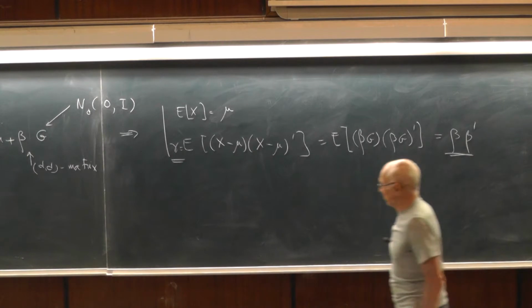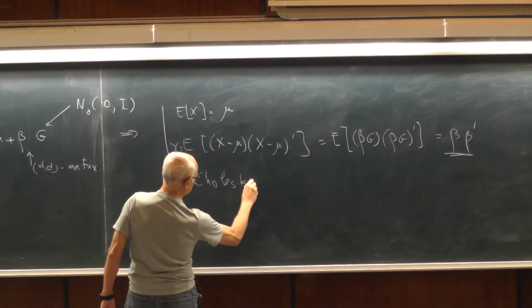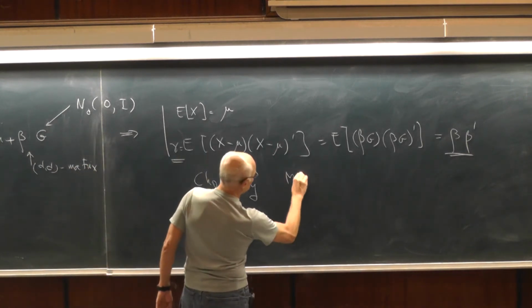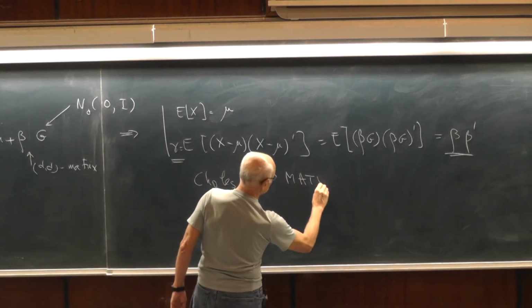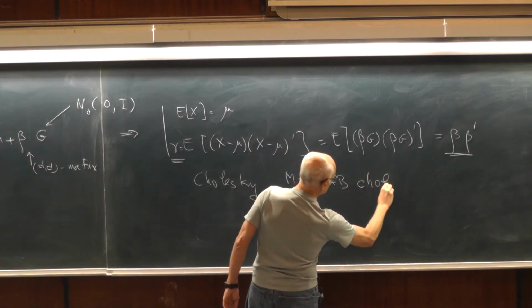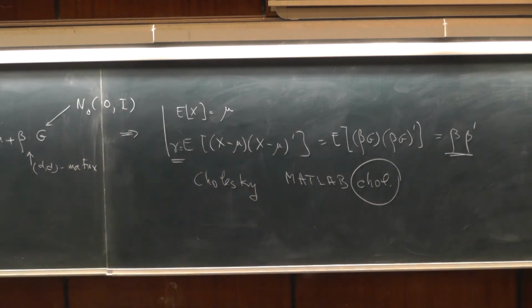The decomposition is called Cholesky decomposition. And you get it in MATLAB, for example, under the name chol, C-H-O-L. And we are going to use this in a little code I wrote for this evening.